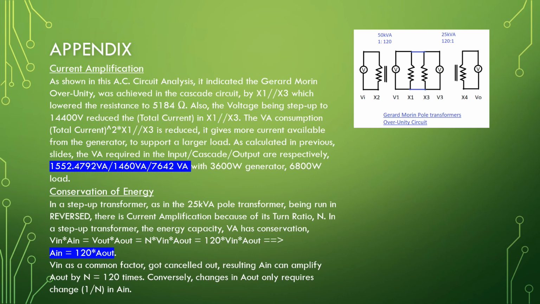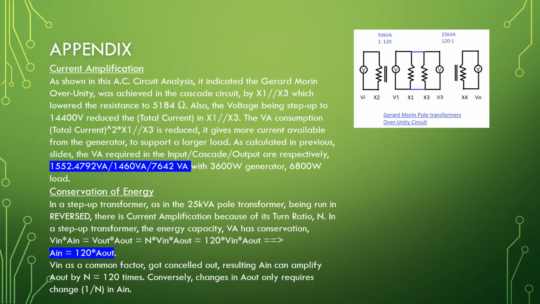Appendix: current amplification. As shown in this AC circuit analysis, it indicated that the Gerard Morin over-unity was achieved in the cascade circuit by X1 parallel X3, which lowered the resistance to 5,184 ohm.